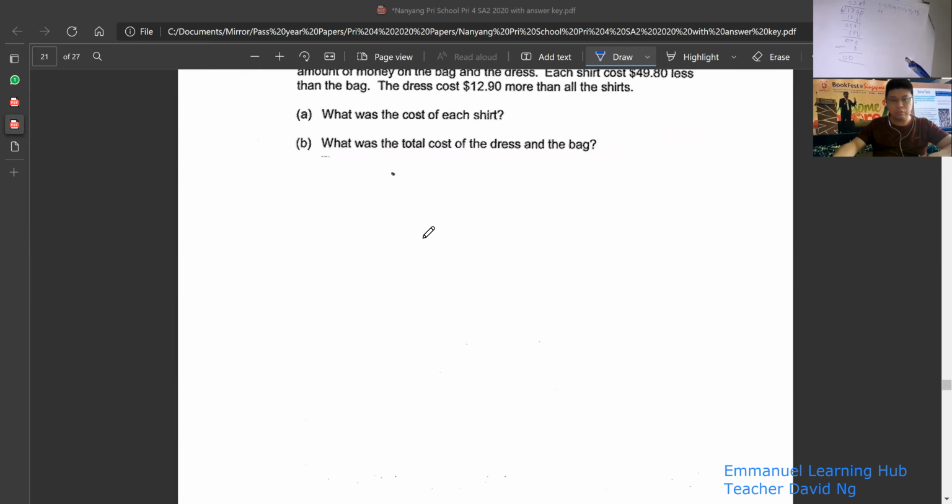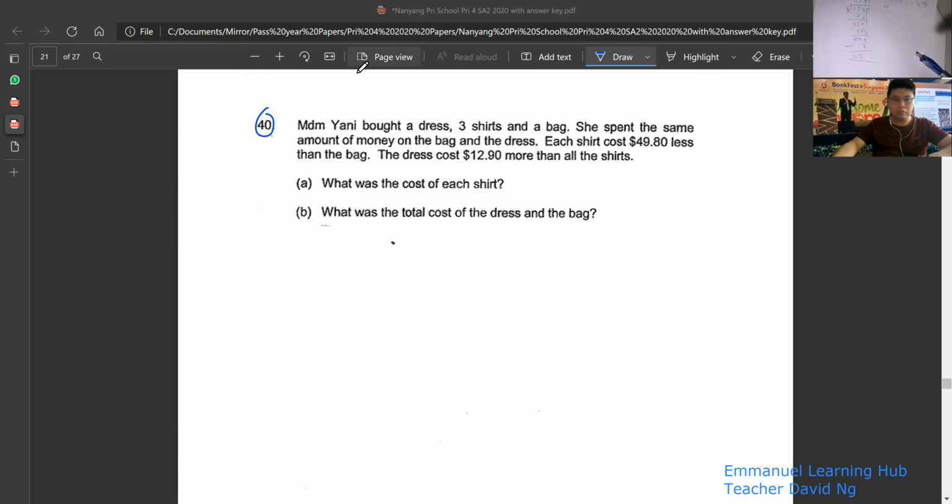Okay, ready for question 40? Our friend Madam Yenny bought a dress, 3 shirts, and a bag. She spent the same amount of money on the bag and the dress.